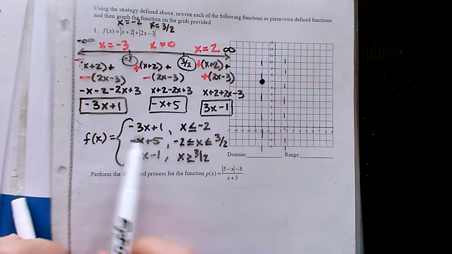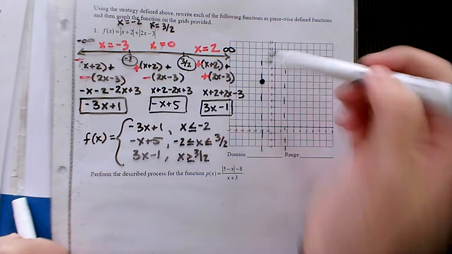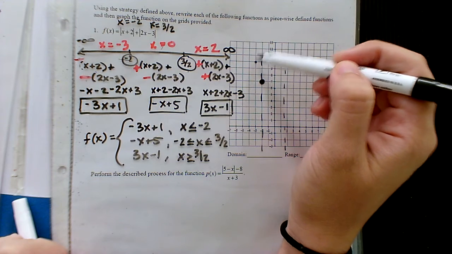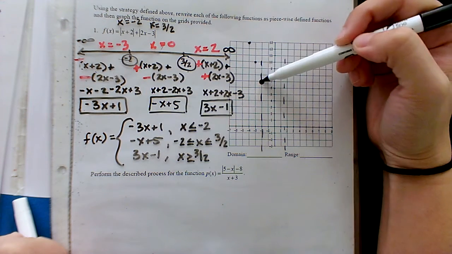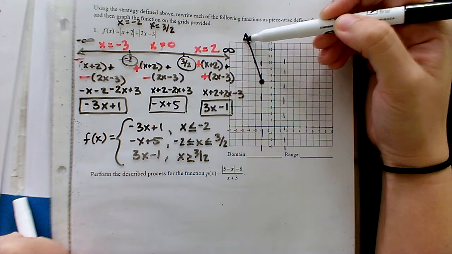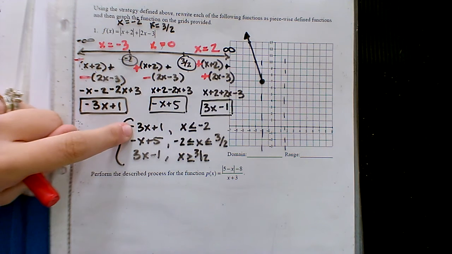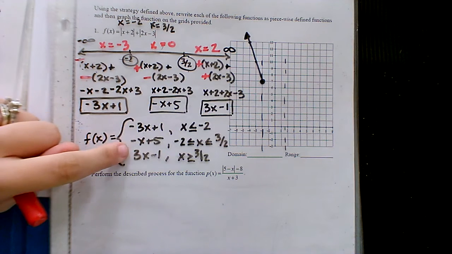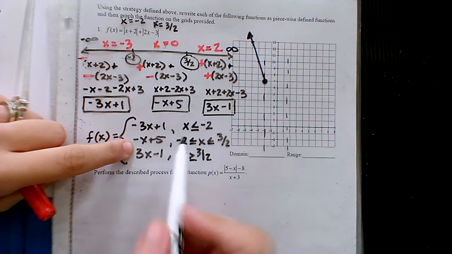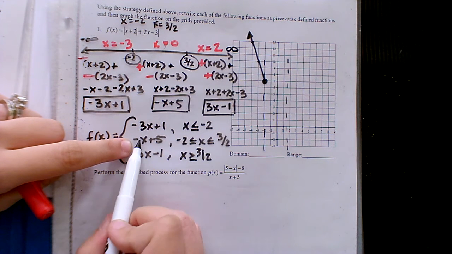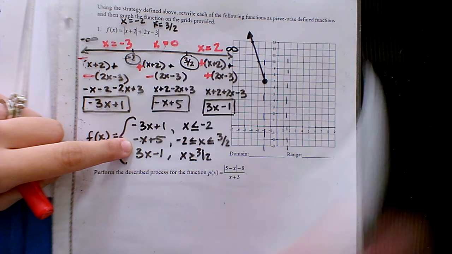And then to get another point, maybe we can use the slope, but we got to work backwards so we're in the correct region of our graph. So up 3, left 1. All right, so there's our first line. Let's try the second line. If we plug in -2, we'll get 7.